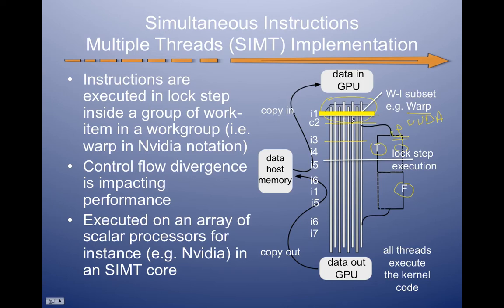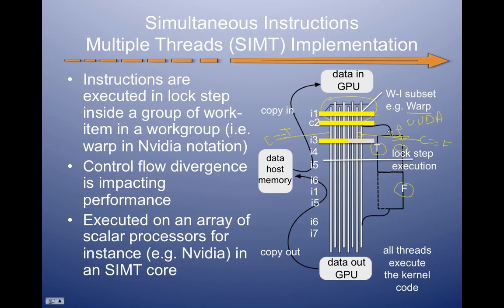So the execution will look like this. Everybody is executing I1, everybody is executing C2, the conditional, and for some threads the conditional equals true, and for some other threads the conditional equals false. So in one case I need to execute the true branch, in the other case I need to execute the false branch. But all the threads will go through all the instructions.